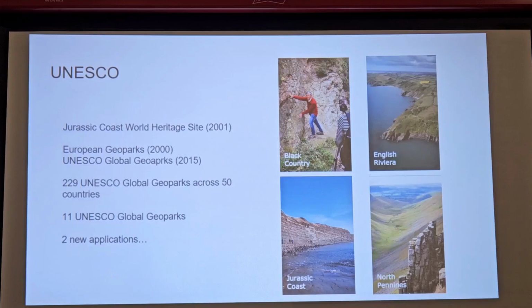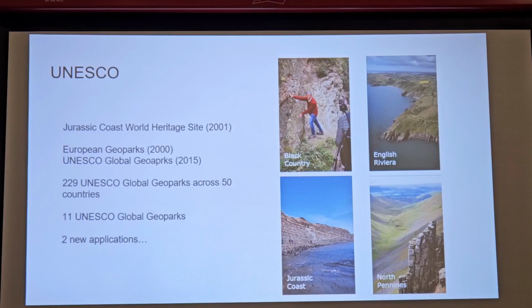We have the English Riviera down on the south coast in Devon, otherwise known to us as Torquay or Torbay. And then we had Staffordshire, but they let it go because they thought they had some clever things to do with county lines, and they don't have it now.